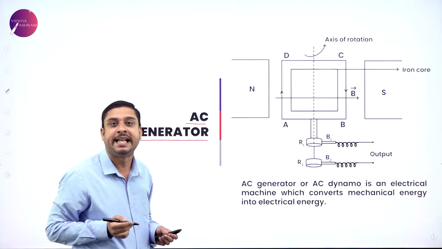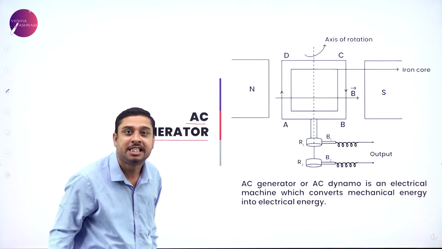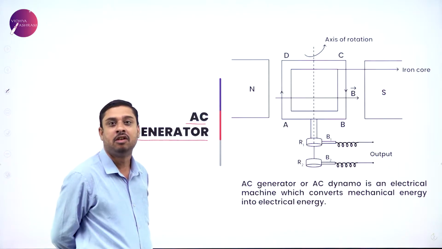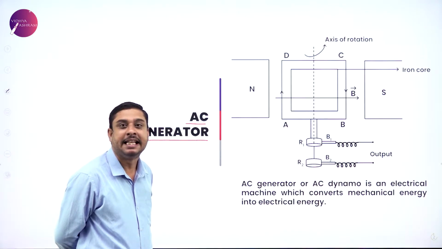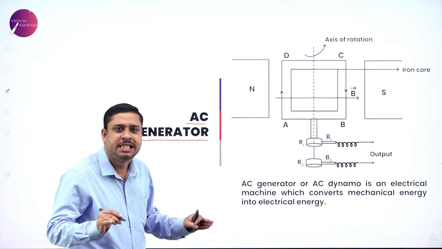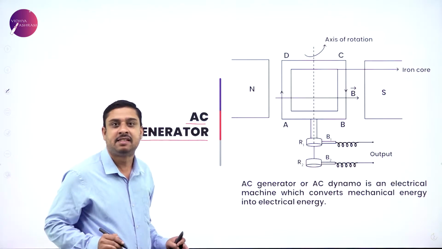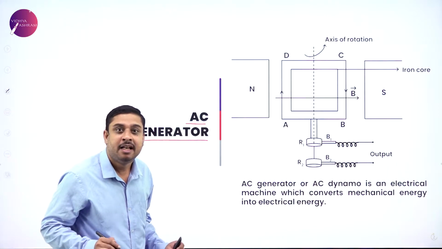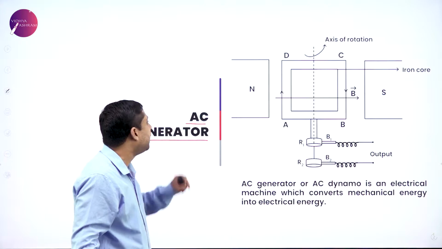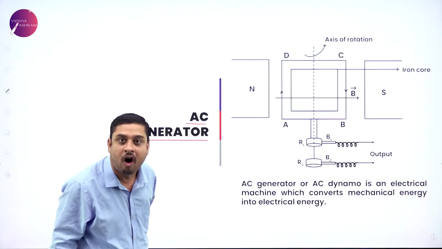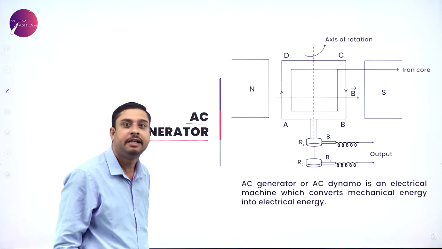The properties and behavior of alternating current, all these concepts we will study in the next chapter. Now, just understand a device where by inducing EMF I can get something called alternating current.